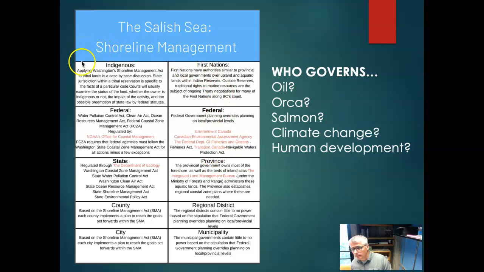There's a few different things happening here. One, on the U.S. side, tribes can review and comment on any permits happening, and they have a fair amount of power in that process.